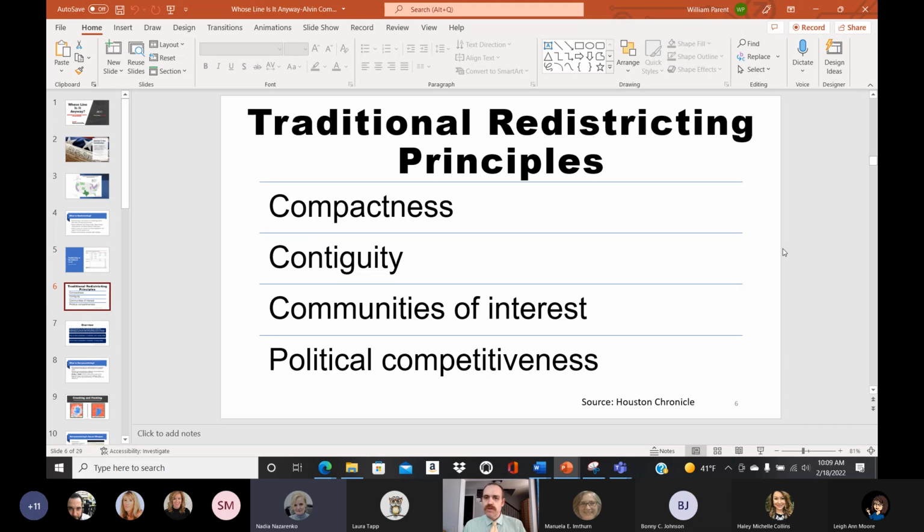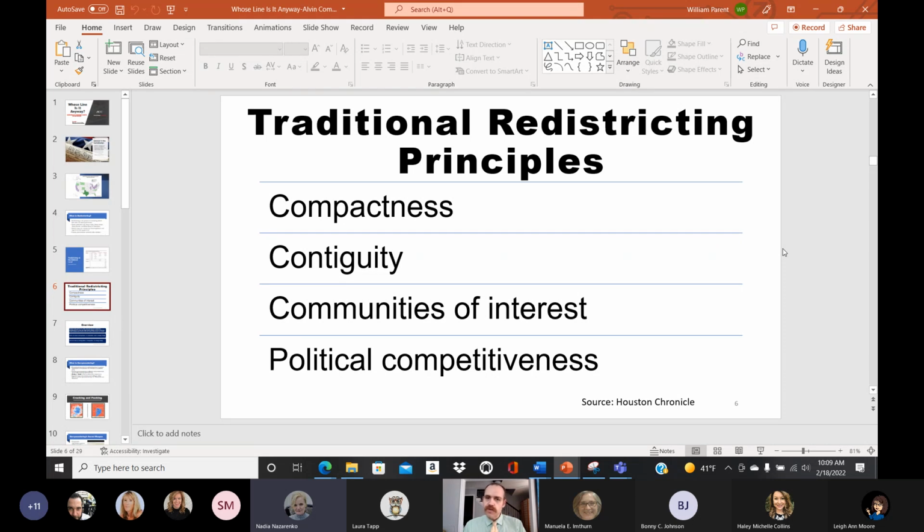People who lived in rural districts, their vote was worth more than someone who lived in an urban setting in those states. And so in Reynolds versus Sims, the U.S. Supreme Court establishes essentially the one person, one vote doctrine, which is that districts must be nearly equal.